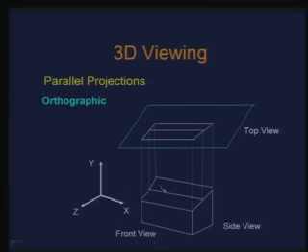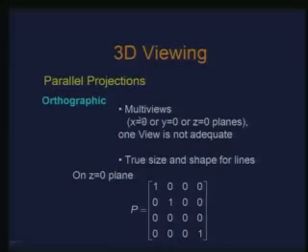These are nothing but parallel projections. You observe that these projectors are parallel. Now, while viewing 3D using orthographic projection, we note that it may require multiple views to be able to see the three dimensionality of the object.